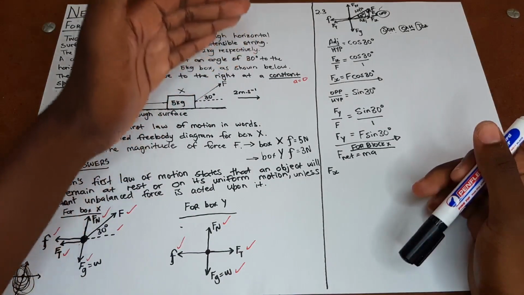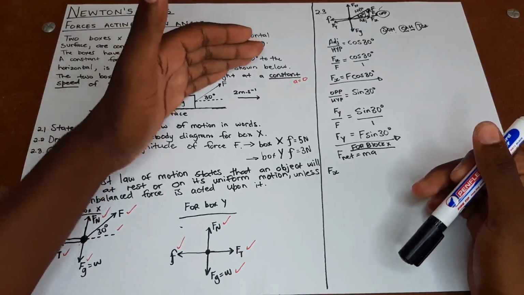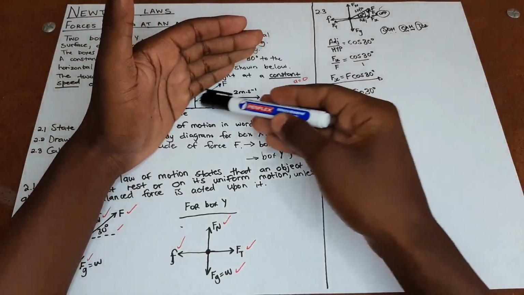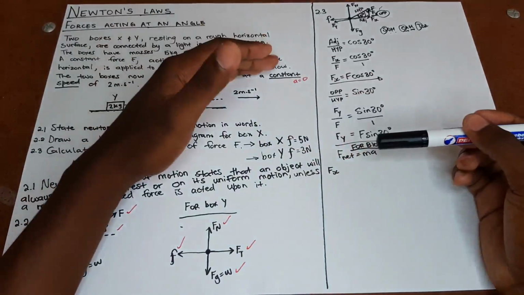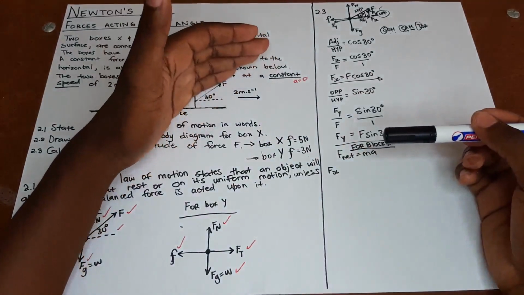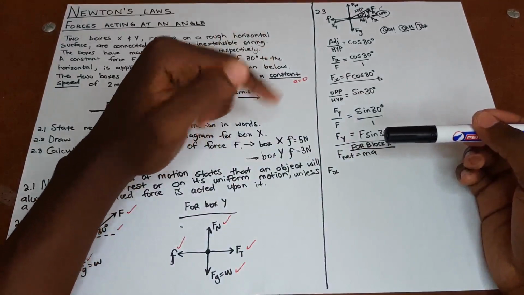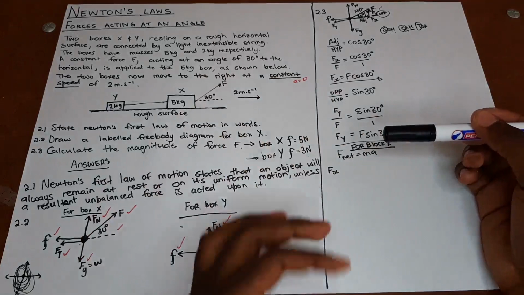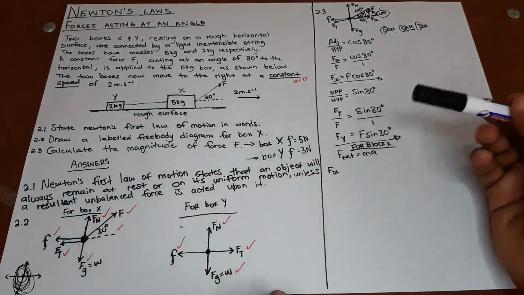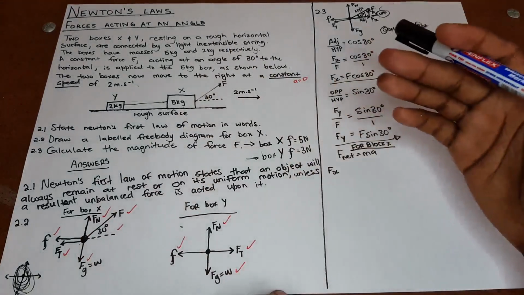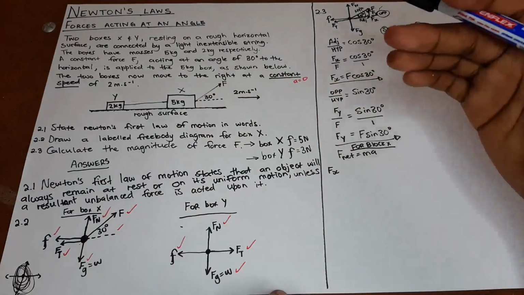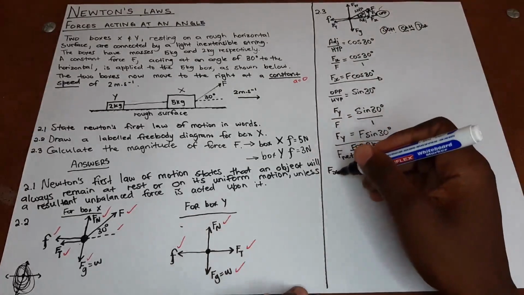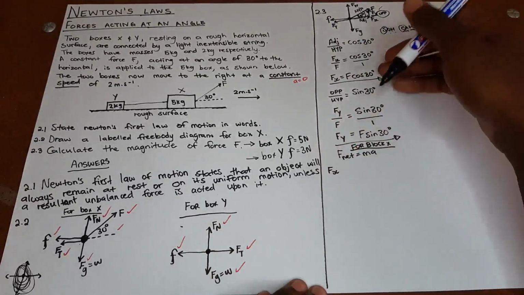You should know that a force that is acting at an angle, at 30 degrees, is a problem, and we must solve that problem so that we can continue easily with our calculations. We do that by first finding the x and y components.